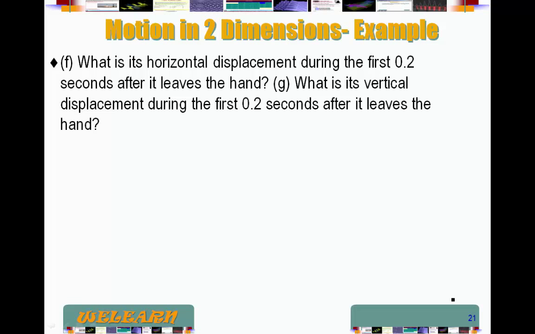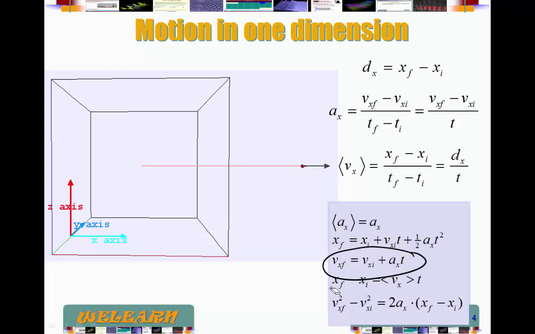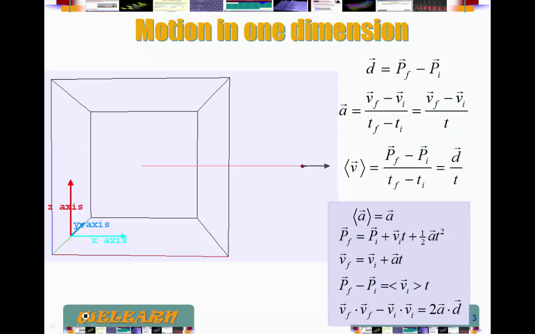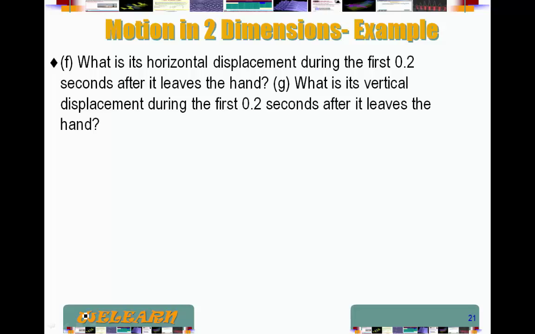Now, we are talking about horizontal displacement, so this is the equation we are going to be using, remembering displacement is dx. dx is xf minus xi, which is 1/2 a sub x t squared plus vix t.